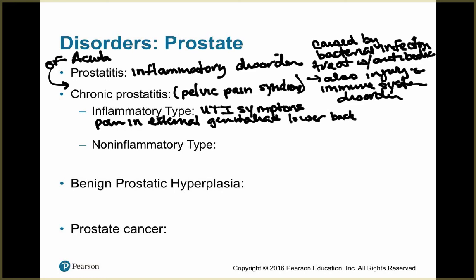It can get where, like UTI symptoms, it hurts to pee. You have a hard time urinating because it's become inflamed, so it cuts off your urethra and urine doesn't go through there. And another thing that you can have is leukocytes in your urine.